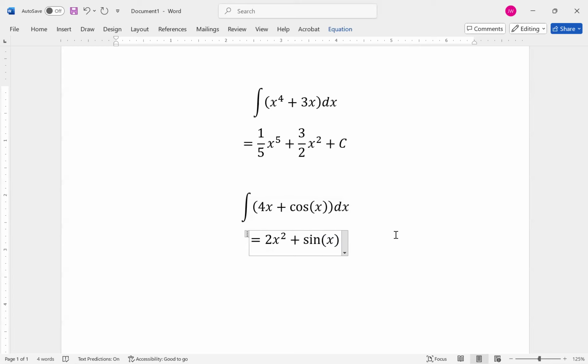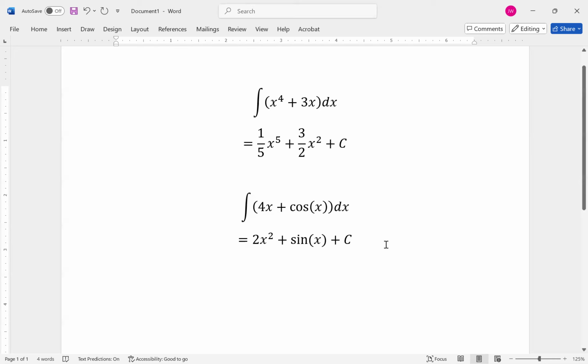The antiderivative, or an antiderivative of cosine of x, is sine of x. And then, as always, I tack on my plus c at the end to give the full class of antiderivatives and not just one specific antiderivative.